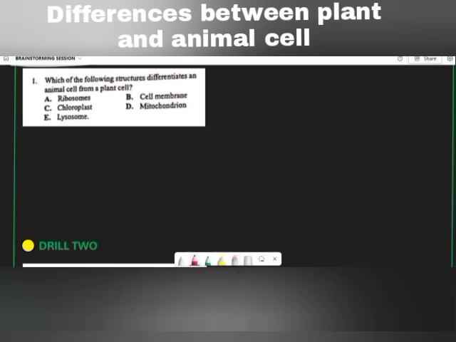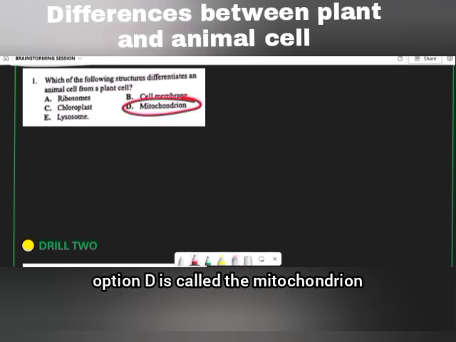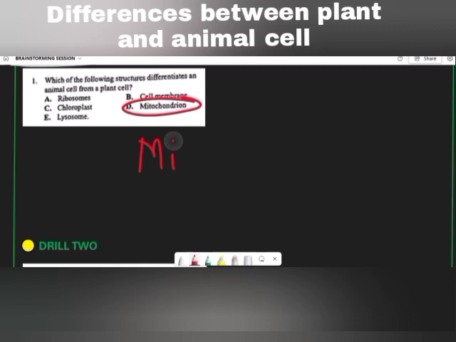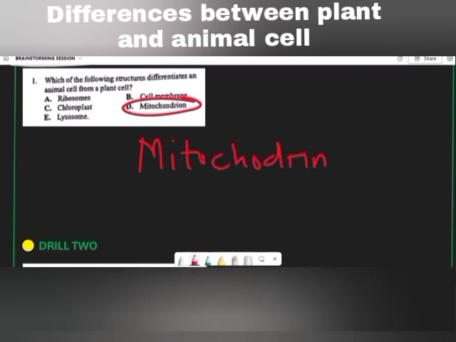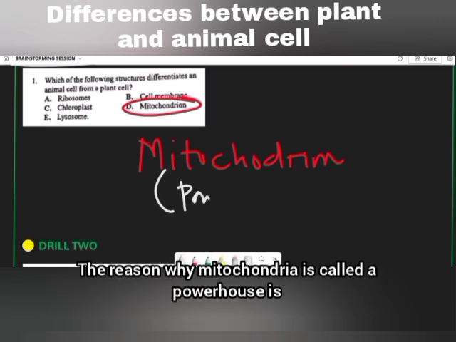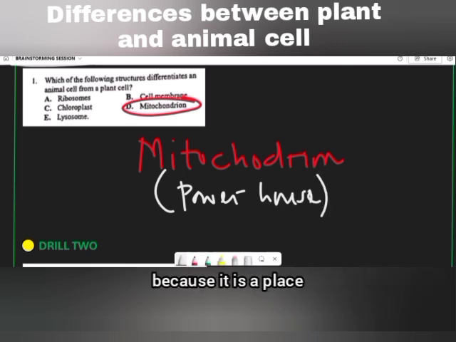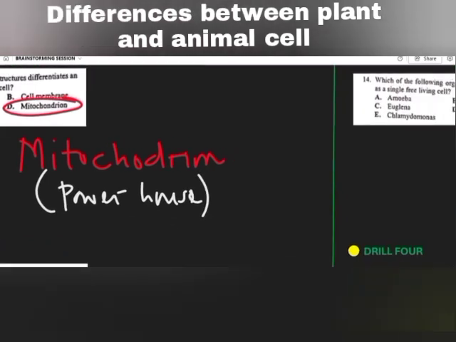Considering the other options, option D is called the mitochondrion. The mitochondrion is also called the powerhouse. Why is it called a powerhouse? It is called a powerhouse because it is the place where we generate energy.